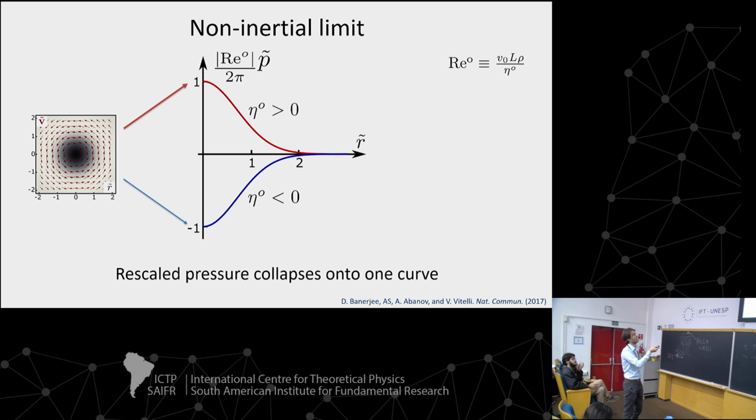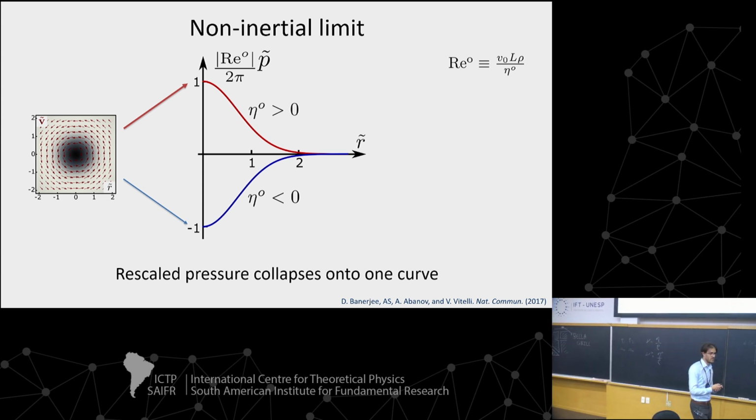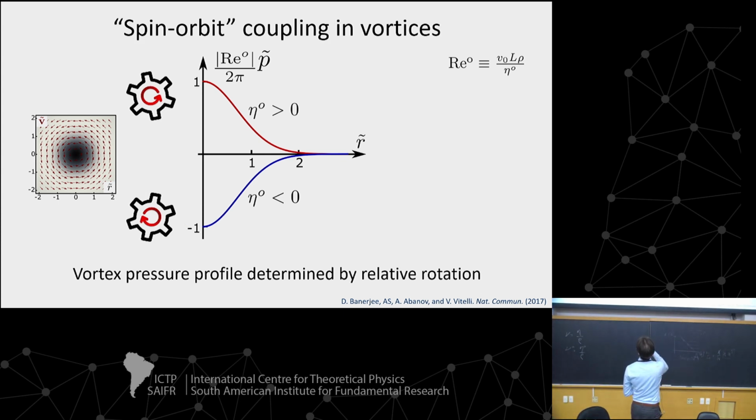So you can even go to an extreme case where you no longer have inertia in the problem at all, but still have a vortex here with either a dip or a maximum, depending on the sign of odd viscosity, where the vortex profile is then determined by this extra term. So this is one kind of fluid flow problem where odd viscosity comes in. Oh yeah, and this is just showing which way things rotate relative to the vortex here.